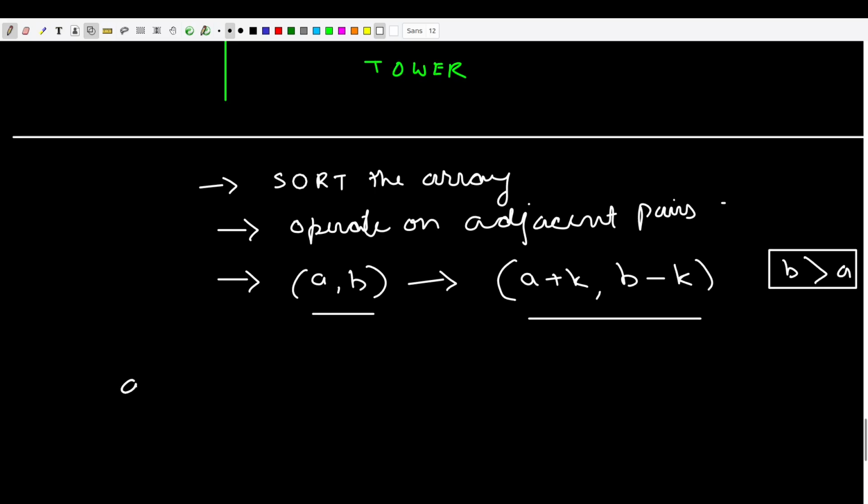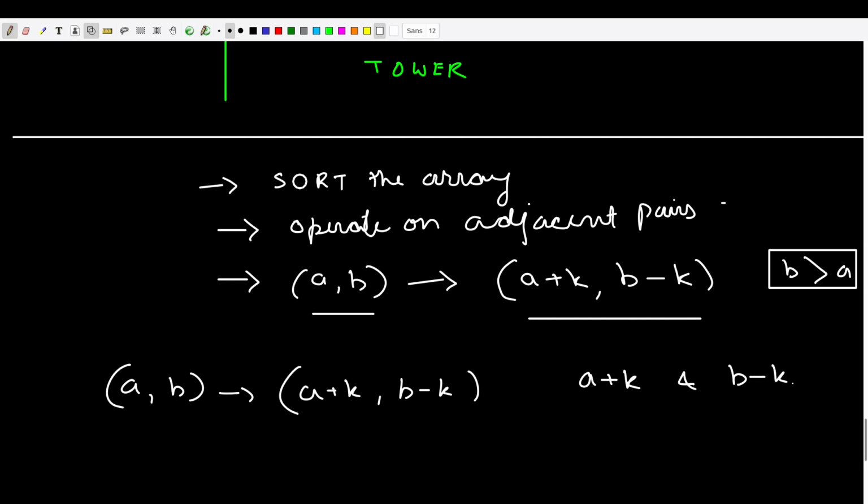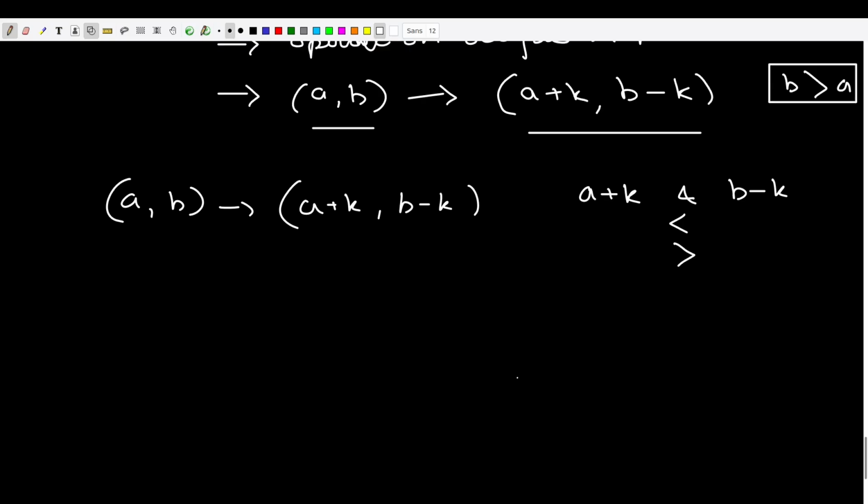When we have manipulated a, b to a plus k and b minus k, we don't know the relationship between a plus k and b minus k, which one is lesser and which one is greater. So that is one part we need to understand.